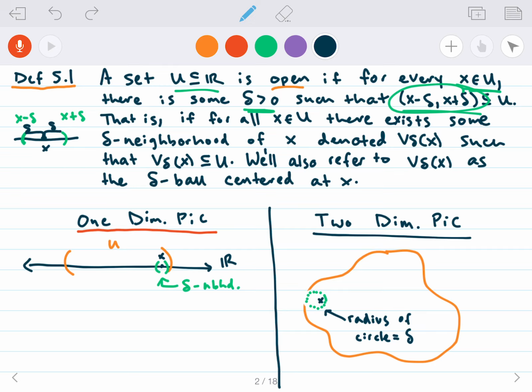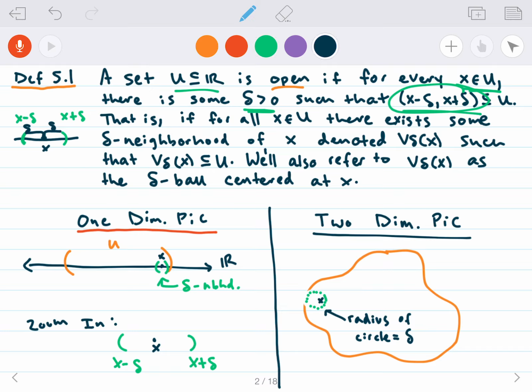And so if we zoom in to the neighborhood, we're going to see this picture right here. So we see x is centered in this little, I keep saying epsilon ball, and I eventually will say epsilon ball when we do have an epsilon ball, but it's a delta ball because the radius, or the distance from the center to the edge, is delta.